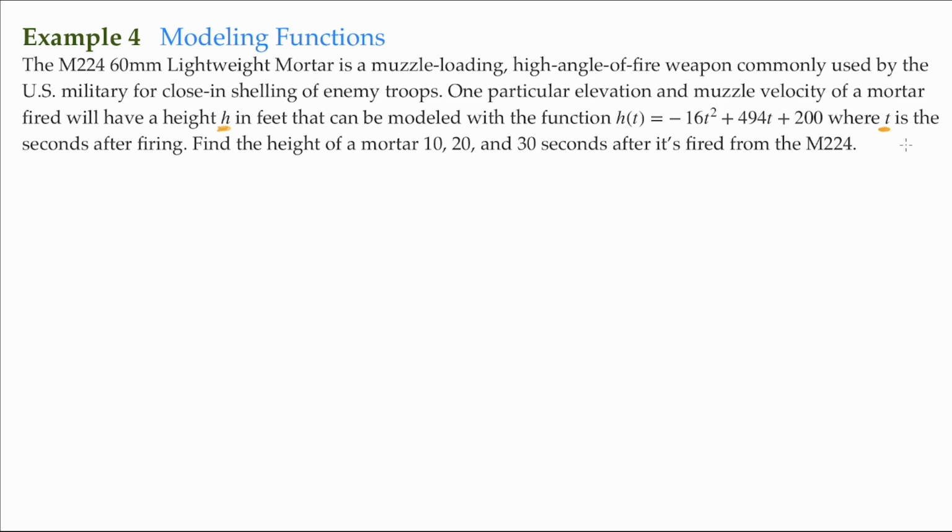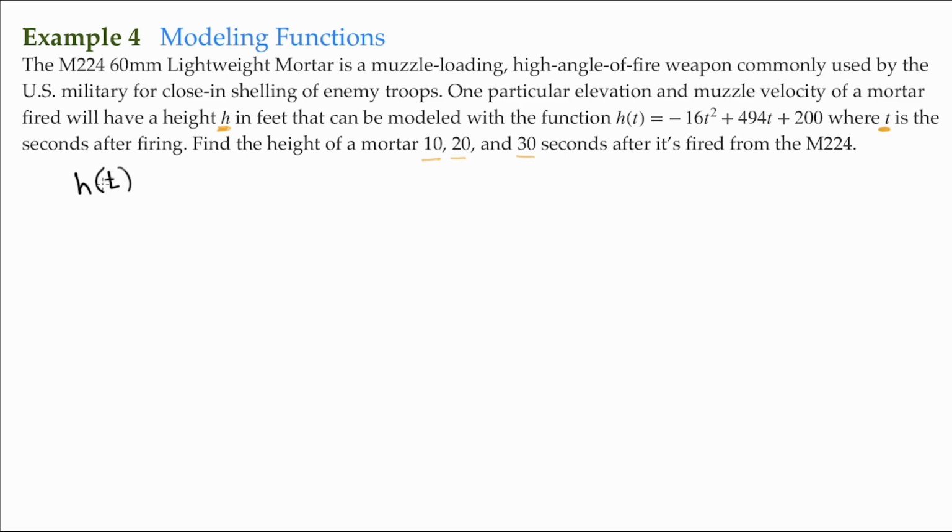Find the height of a mortar 10, 20, and 30 seconds after it's fired from the M224. So as we look at our function here, I'm just going to go ahead and repeat it right here. We have h of t, so the height right here is dependent on the time t.